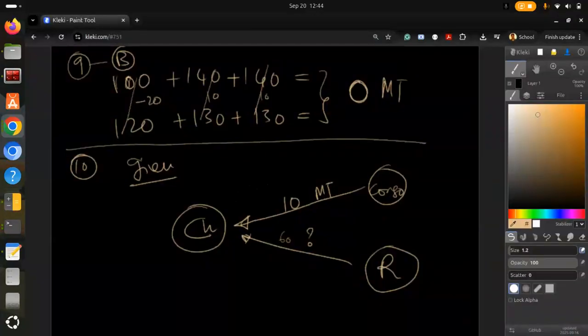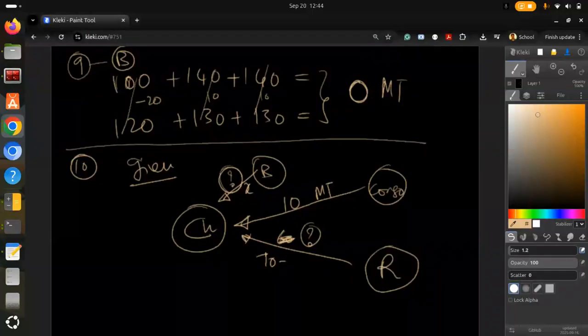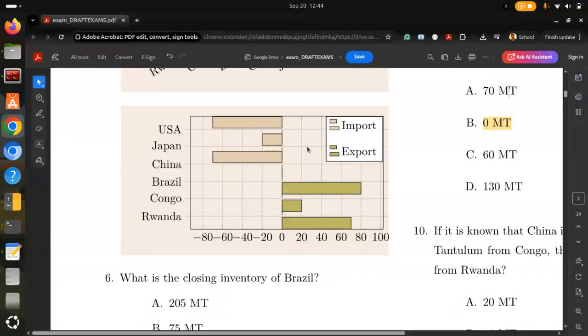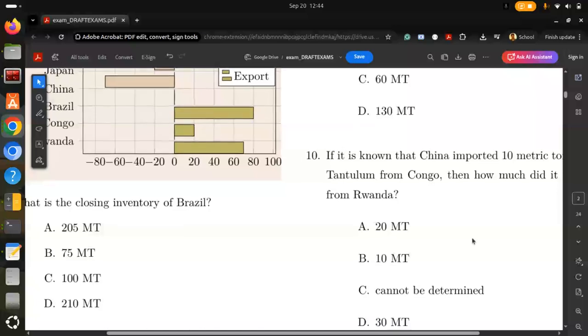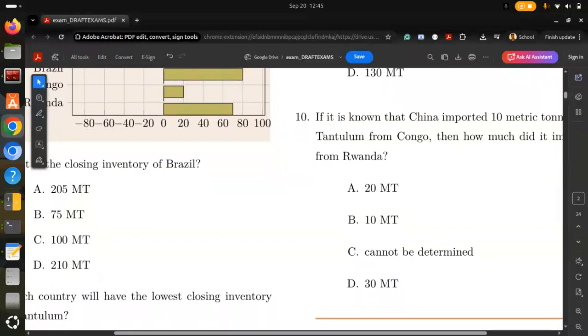So there will be some other importing, like the trade between Brazil and China. So there may be some number here. Unless I know this number, it cannot be determined. The answer is not 60. It may be something. If this is X, then it will be 60 minus X or something like that. So basically, because the other data is not given, the answer is C, cannot be determined.